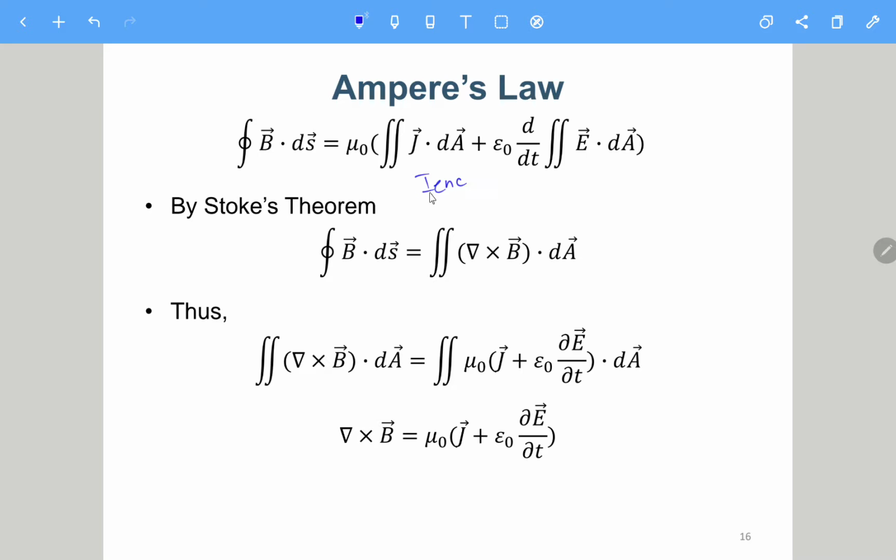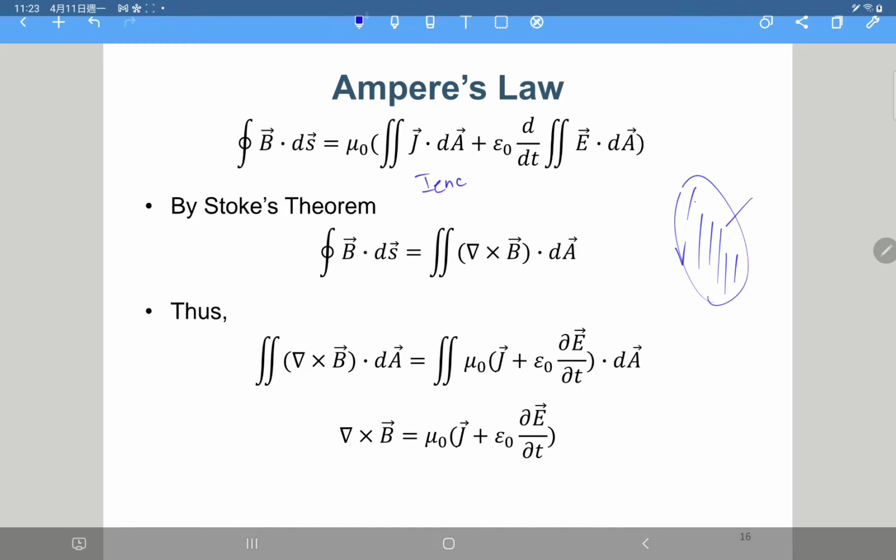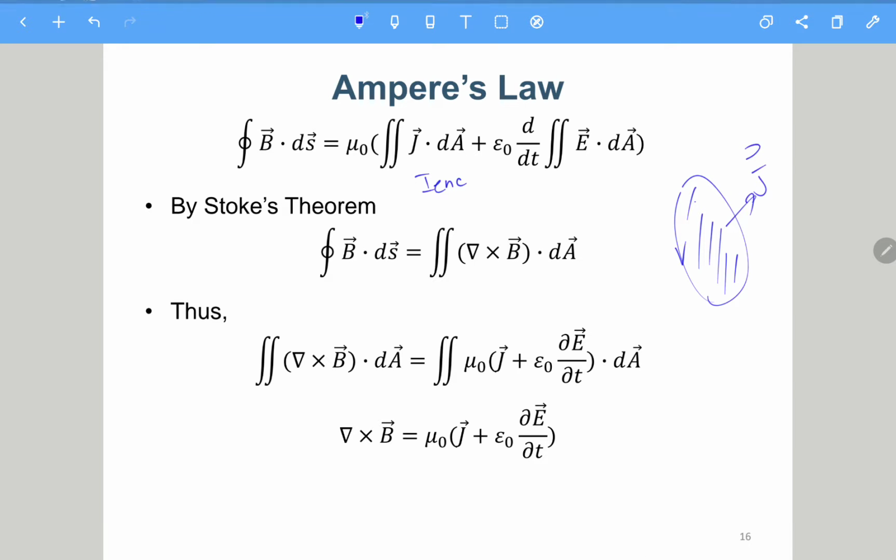Here we also try to express this I enclosed as a double integral. We evaluate the current density J and integrate it over the whole area.